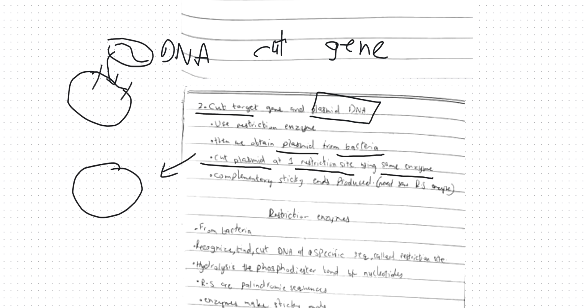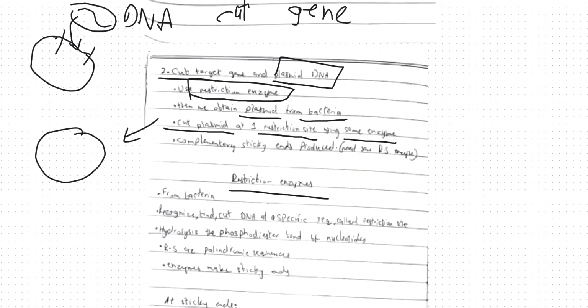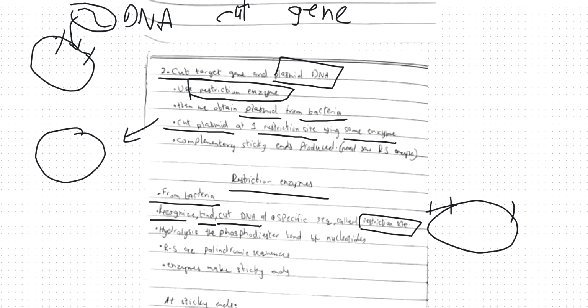because of an enzyme called the restriction enzyme. So a restriction enzyme is from a bacteria. It recognizes, binds, and cuts a DNA sequence. And the place where the restriction enzyme cuts is called the restriction site.